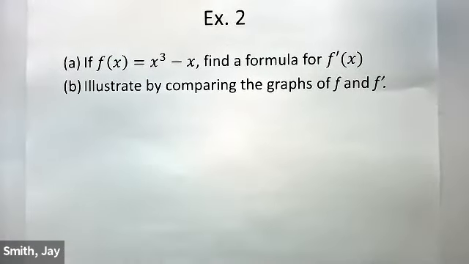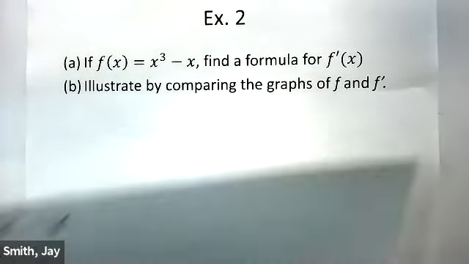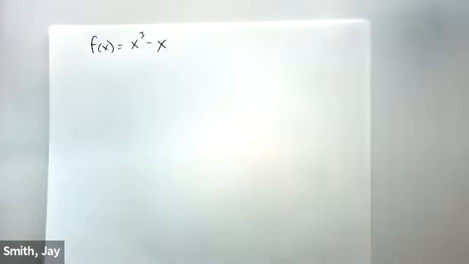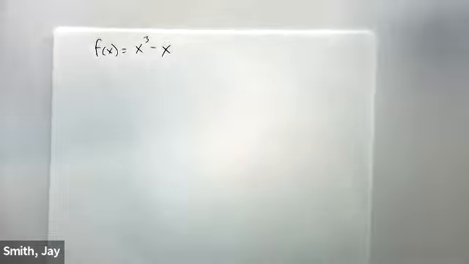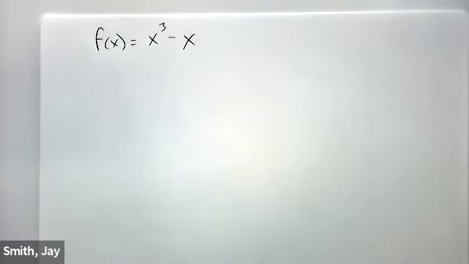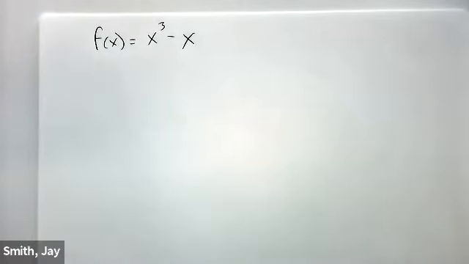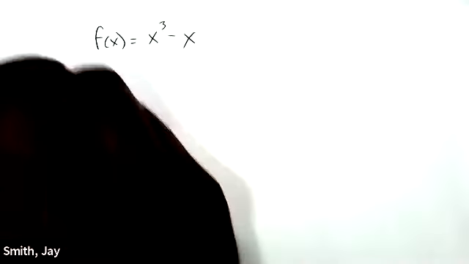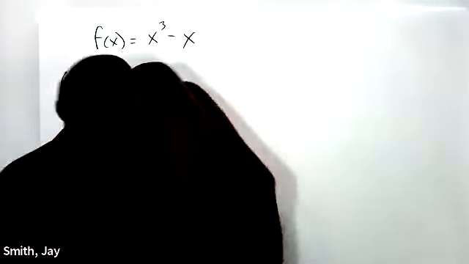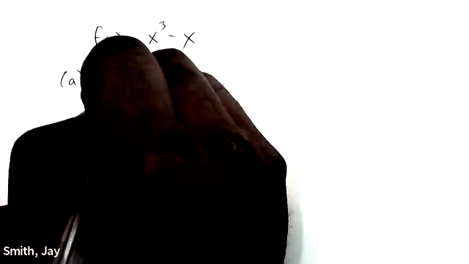All right, so the first part of example 2, we're given f of x is x cubed minus x, and we're asked to find the formula for f prime of x, which is good because we have a formula for that. So working with the given function, f of x, which is x cubed minus x, for part A, the formula for f prime of x, remember we can use either of those two limit definitions for the derivative.